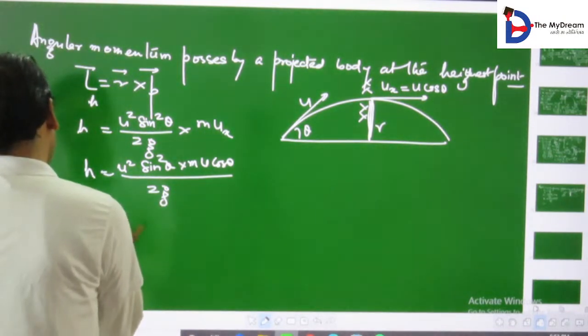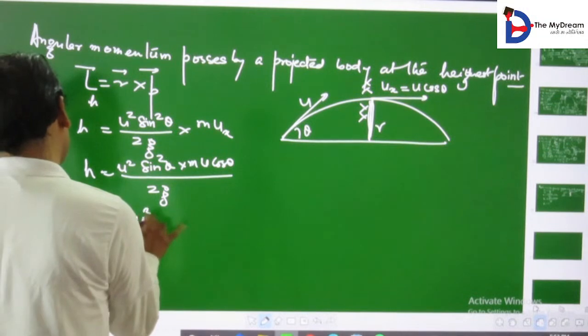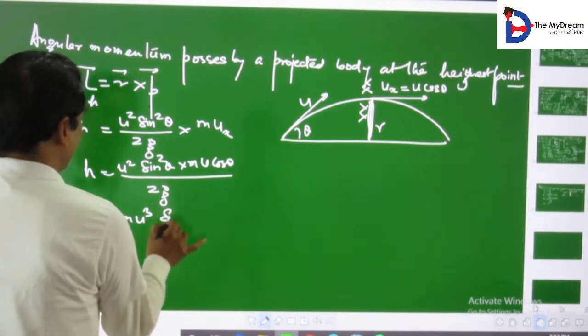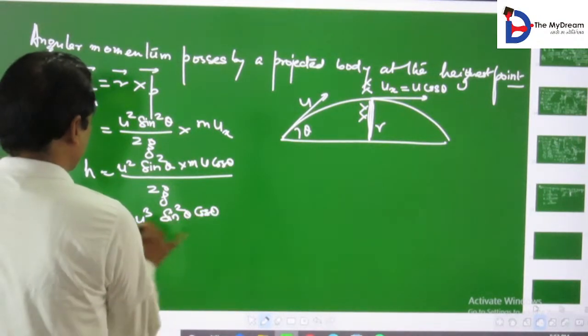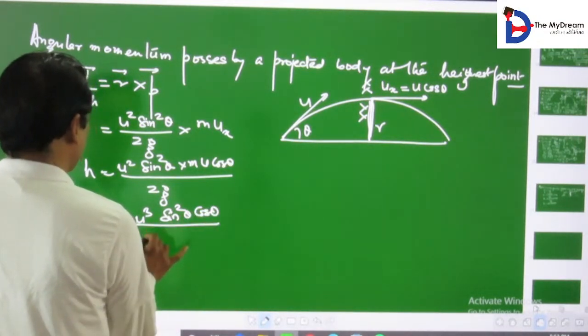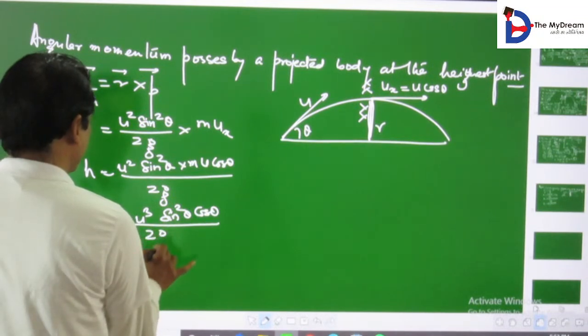So the angular momentum is mu cube sin square theta cos theta upon twice of g.